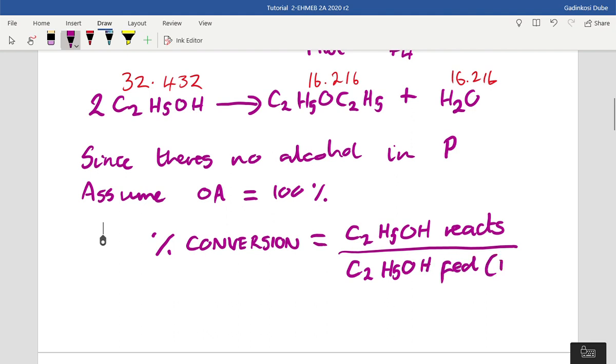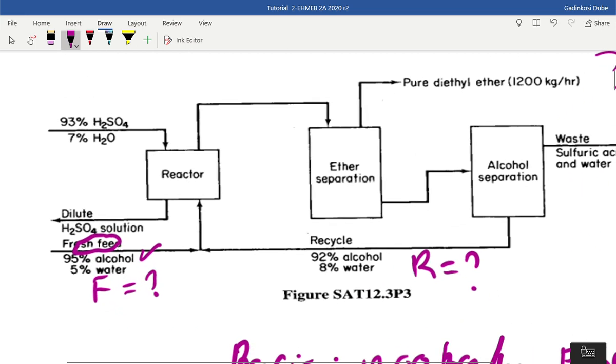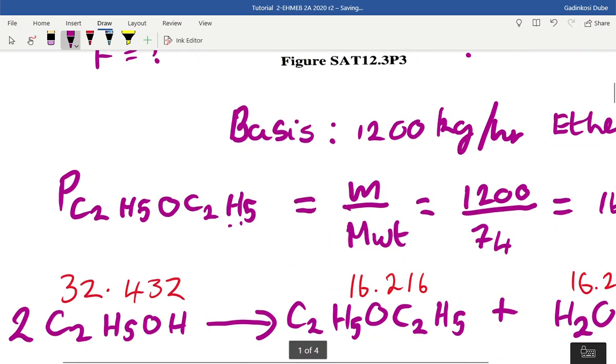So this is the fresh feed, F there. So the alcohol fed in the fresh feed is what we're utilizing.